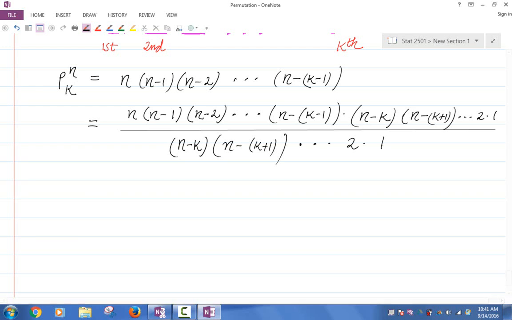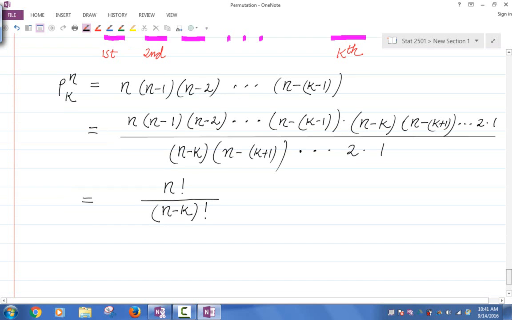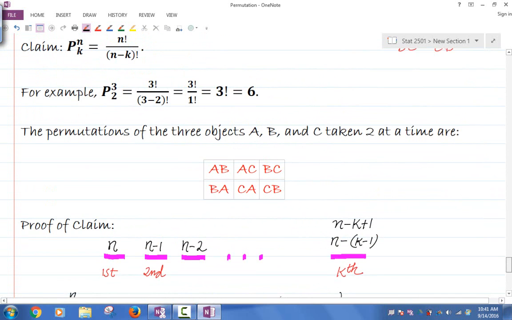Now, can someone tell me what I have in the numerator then? The numerator now becomes n factorial. What can you say about the denominator? Very good, n minus k factorial. And that better look like my claim, and it does.